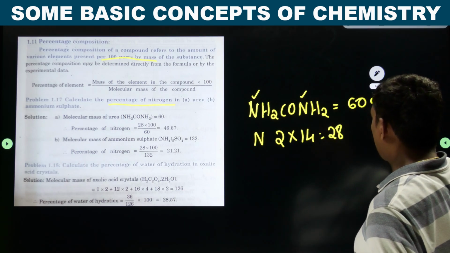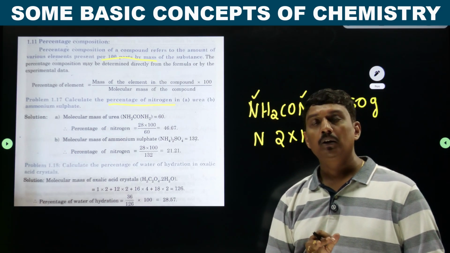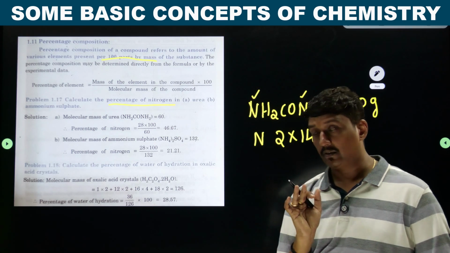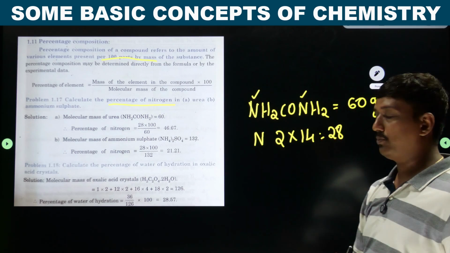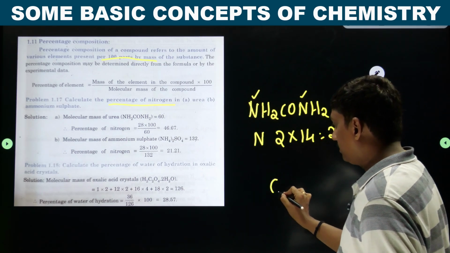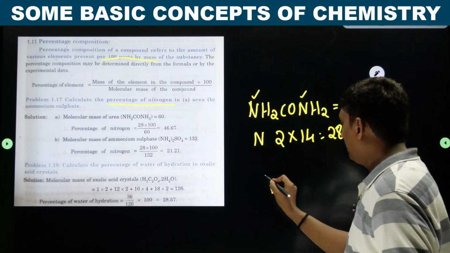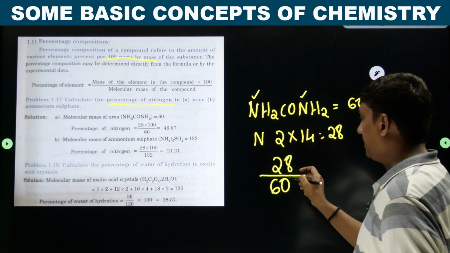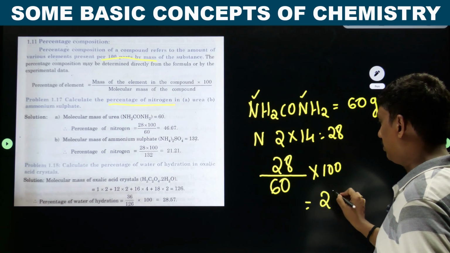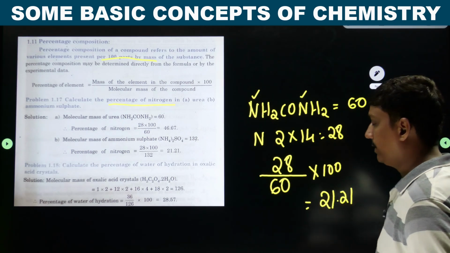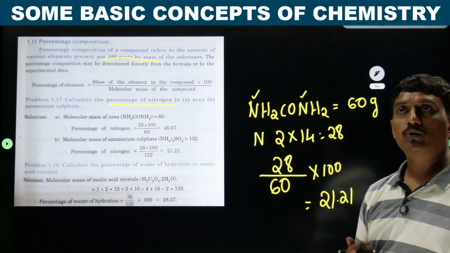Out of 60 grams, 28 grams is nitrogen. Percentage means always with respect to 100. Total molecular mass is 60, out of which 28 is nitrogen, so 28 divided by 60 into 100 is equal to 46.67.